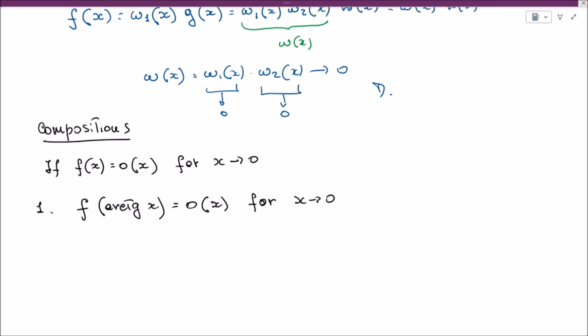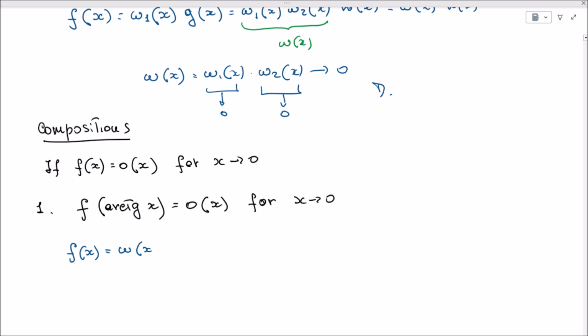Let's prove this. Because f of x is little o of x, we can write f of x as omega of x times x. Now, if we replace x with arc tangent of x, we have that f of arc tangent of x is equal to omega of arc tangent of x times arc tangent of x.